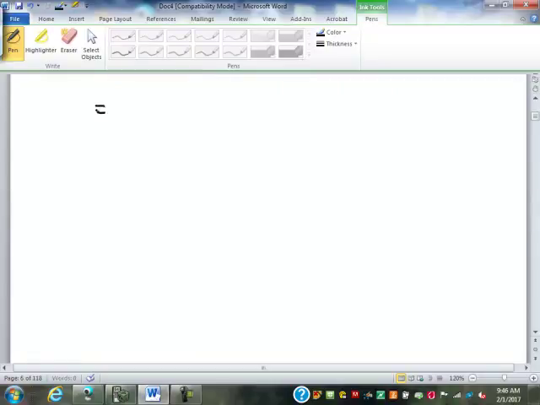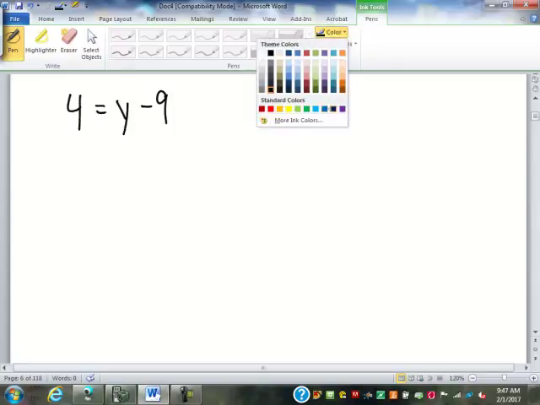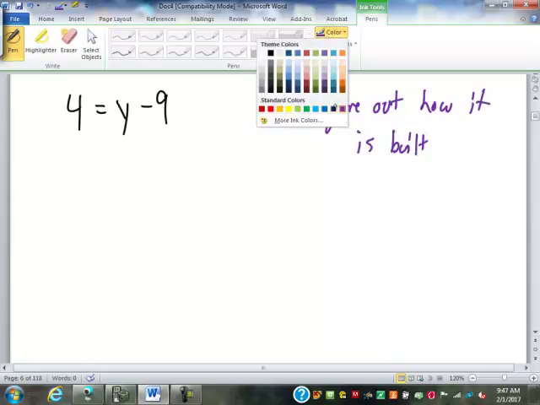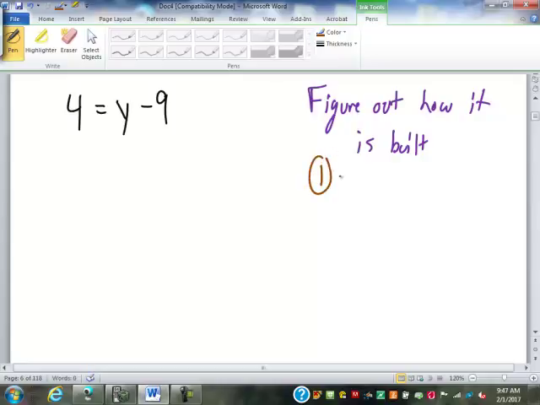So if I have an equation like, let's do 4 is equal to y minus 9, to figure out how it was built, the first step we need to do is find the equal sign.